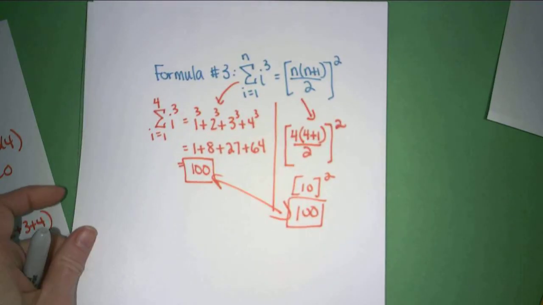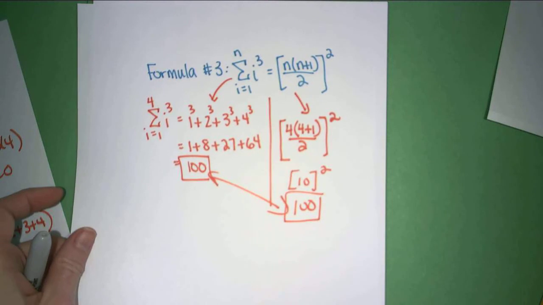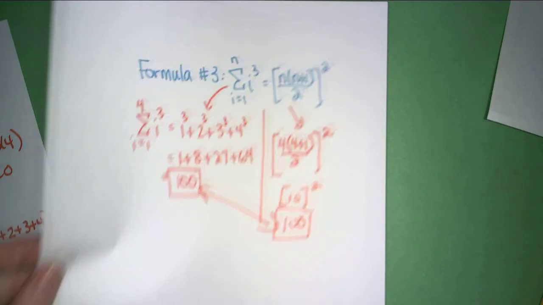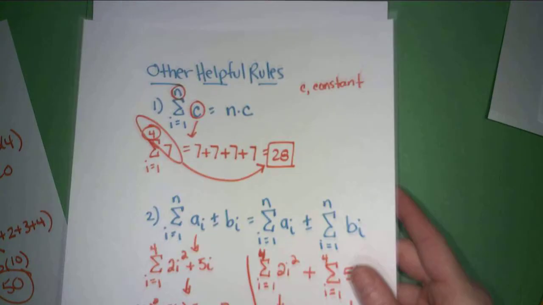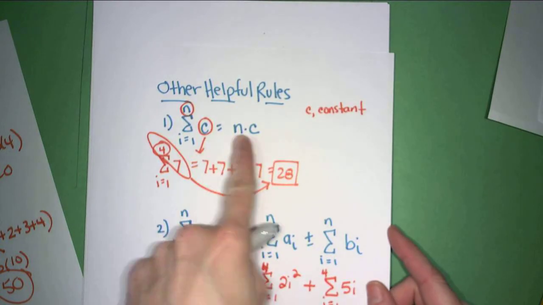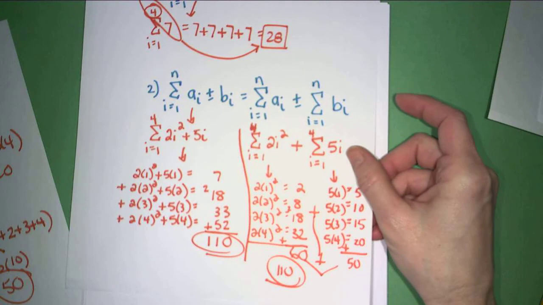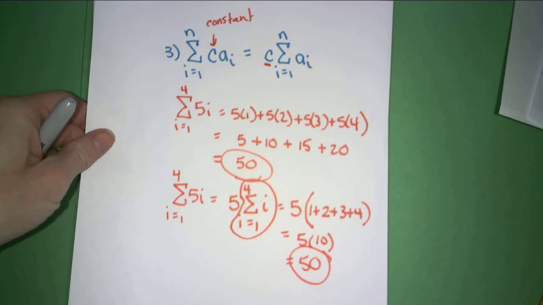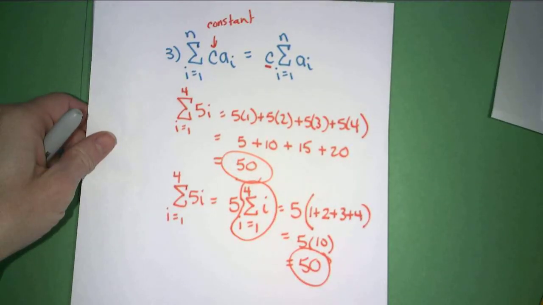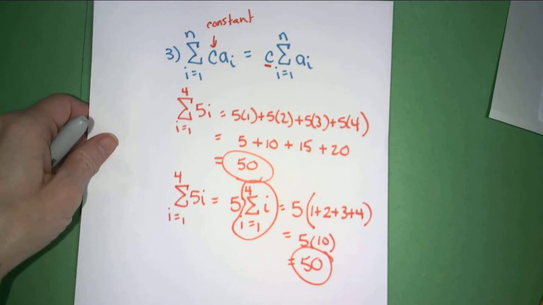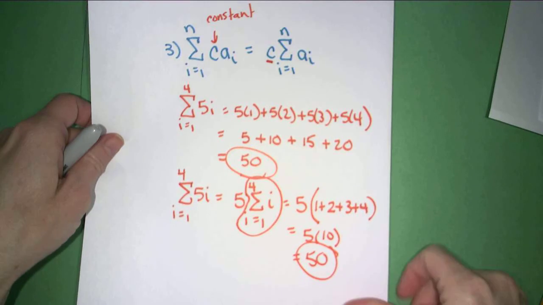Formula number 3, just memorize the blue, and you'll be fine. And then the helpful rules, just remember the blue, and the blue. Make flashcards, have your parents test you, do whatever you need to do, but have these memorized by the next lesson.